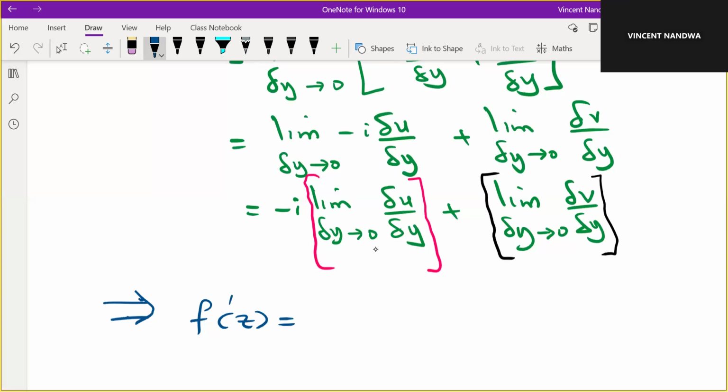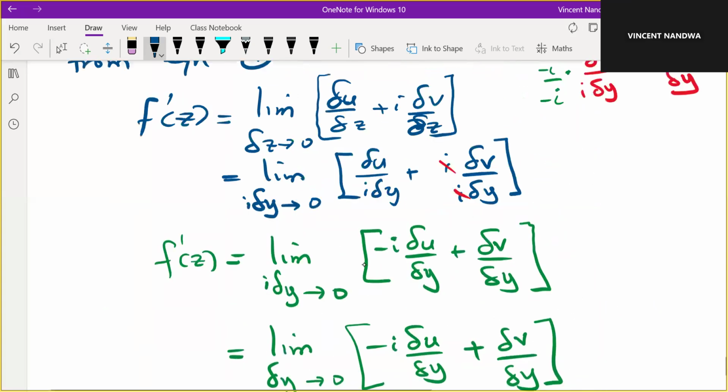This is the derivative of which function with respect to what? Not with respect to x, x is not here. So this is negative i partial u partial y plus partial v partial y.